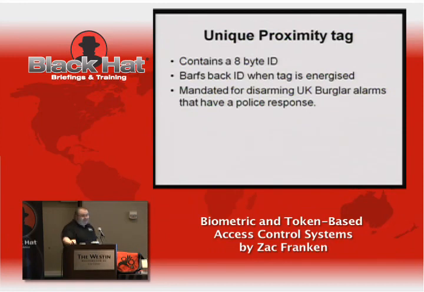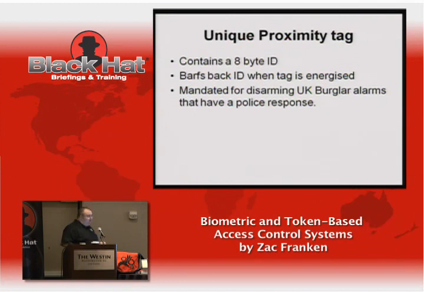Here's something slightly disturbing. If you're in the UK and you have a burglar alarm with a police response, so it's connected to a central station, and if the alarm goes off the police will come out. Generally, a lot of them are unique tags, but the police now mandate that you can arm your alarm using a code, but if it has a police response, you must disarm it using a tag.